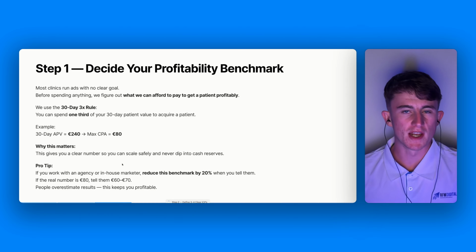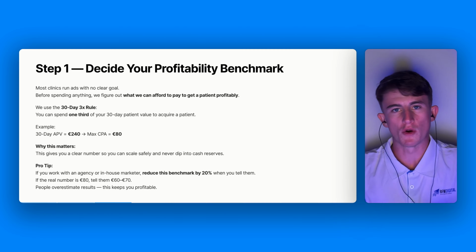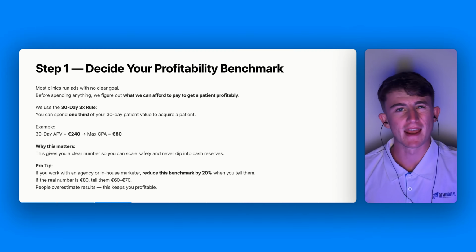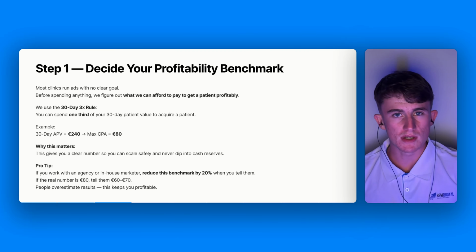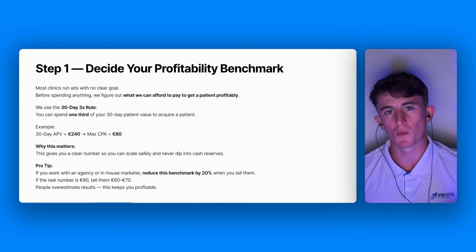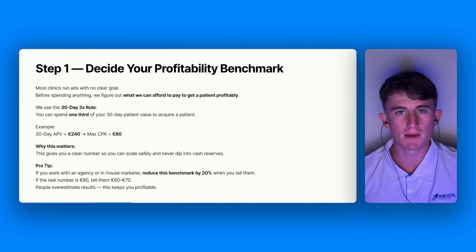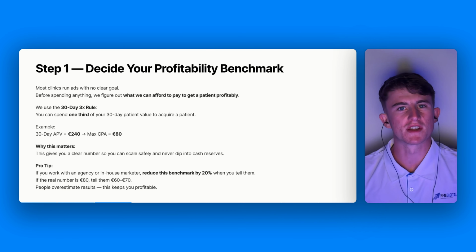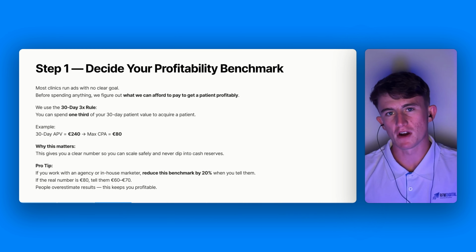Here's a quick pro tip if you're working with an agency or you're working with someone in-house. If you decide your profitability benchmark is €80 or £80, reduce this number by about 20% when you're advising your in-house team or your agency. Marketers tend to overestimate the results they can bring. They believe they have a cheap cost per lead.